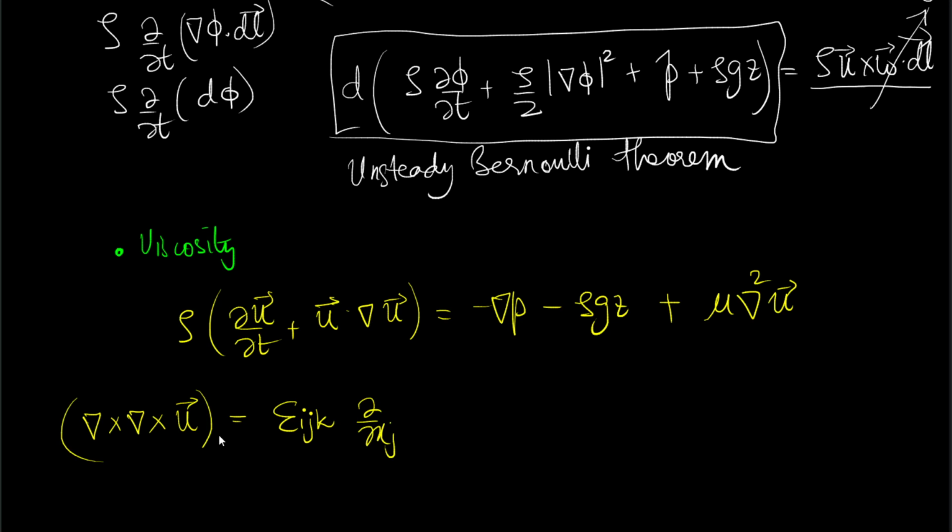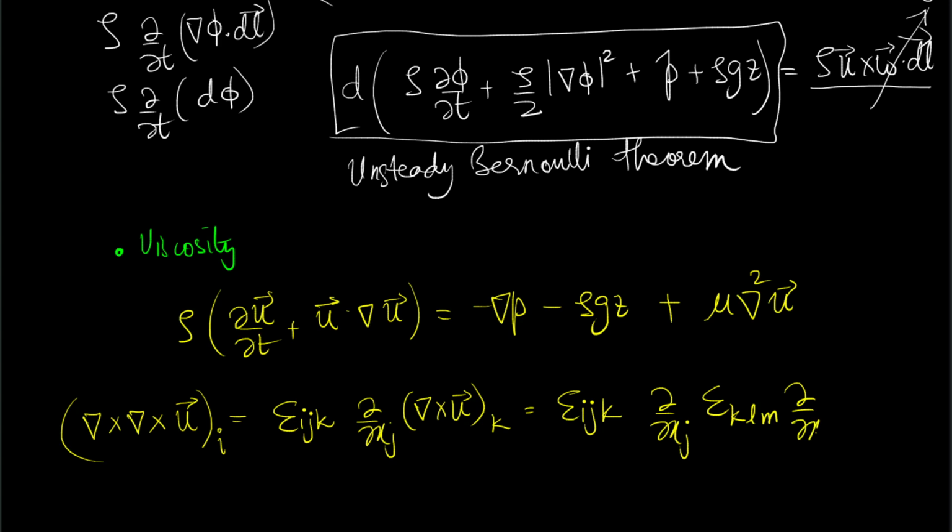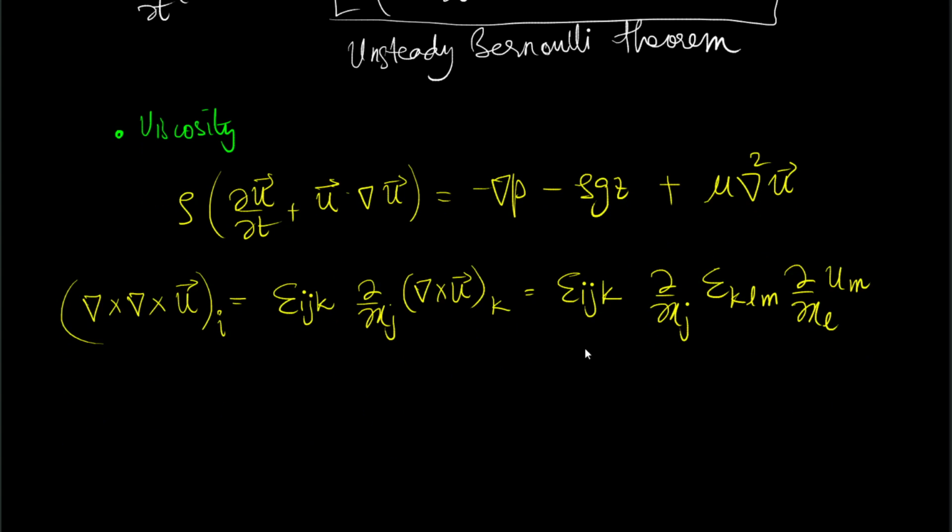So if I write down the ith component of this, nabla cross u, its kth component, and this is epsilon ijk del x j epsilon klm del x l u m, and this is epsilon ijk epsilon klm del x j del x l u m.